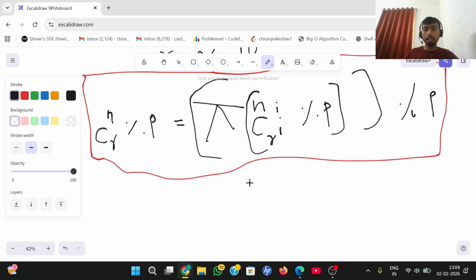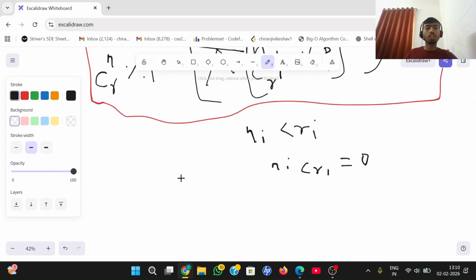One more condition here: if n_i is less than r_i, then in that case the value of n_i C r_i is going to be 0. Okay, and that means your whole multiplication becomes 0 and the value of nCr modulo p is also equal to 0.